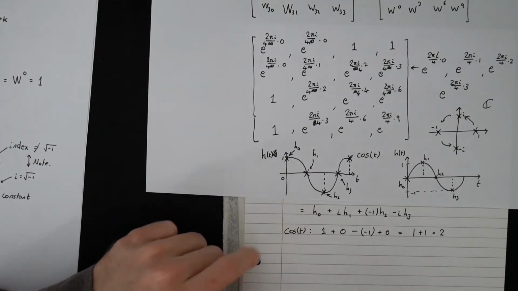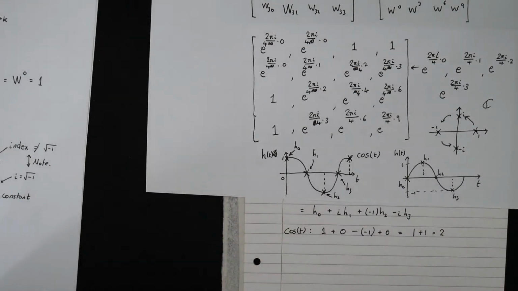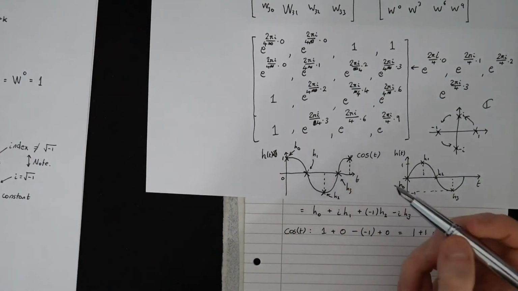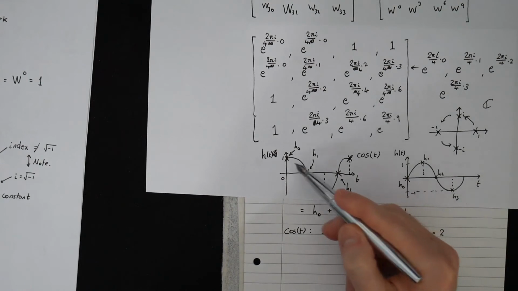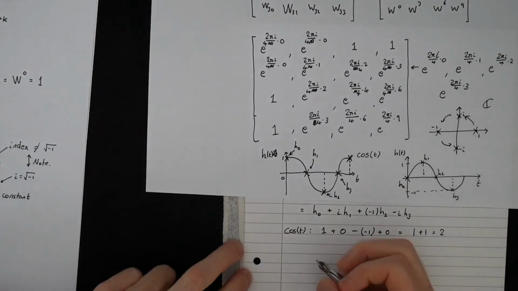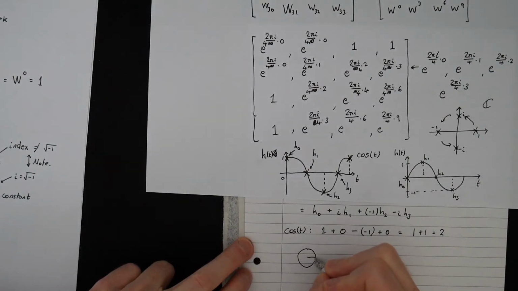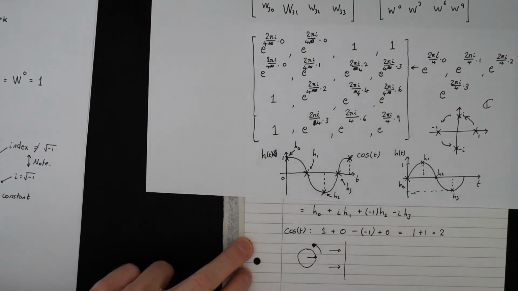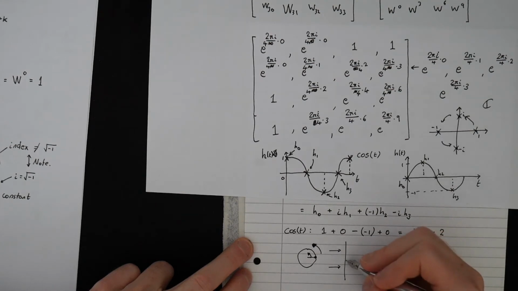If you imagine the cosine being a projection of a rotation, right? If you have something here that rotates and you were to project that rotation onto a one-dimensional thing, rotating at a constant angular velocity, then what would you see? You'd see this.